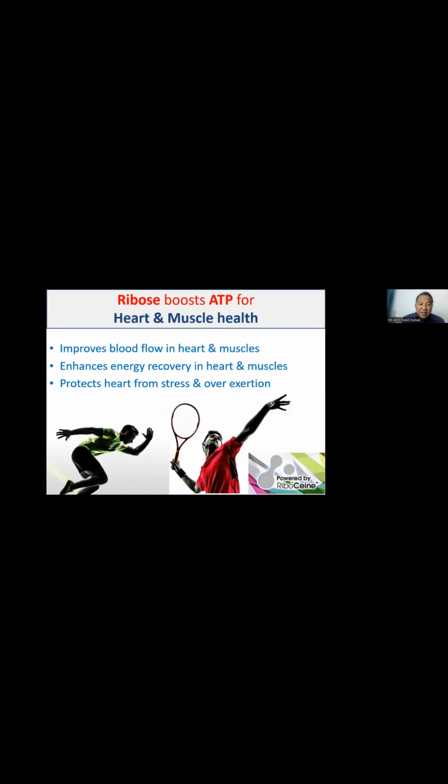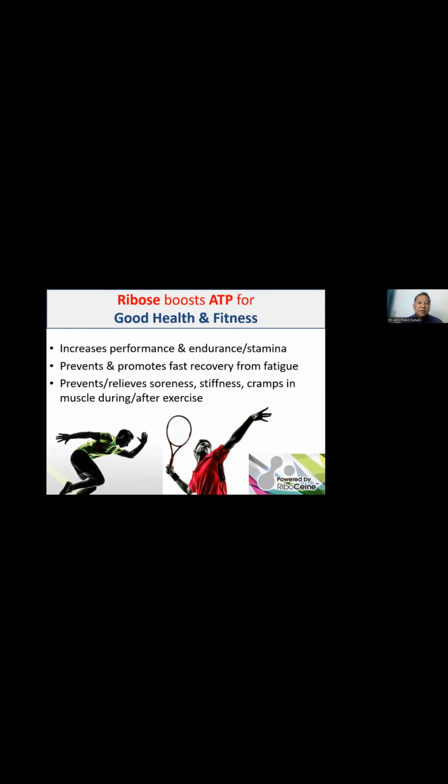So with the added ATP from ribose, then you have better heart and muscle health because of the improved blood flow, enhanced recovery, and protection from stress and overexertion. Therefore, for health and fitness, it means better performance, endurance and stamina, faster recovery from fatigue, prevents or relieves soreness, stiffness, cramps in the muscles during and after exercise.